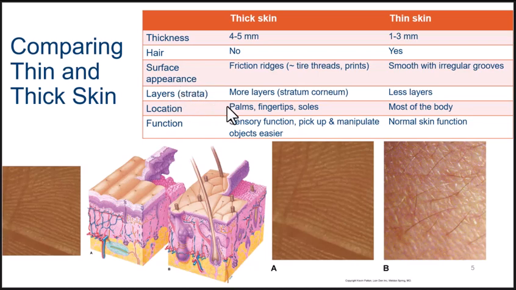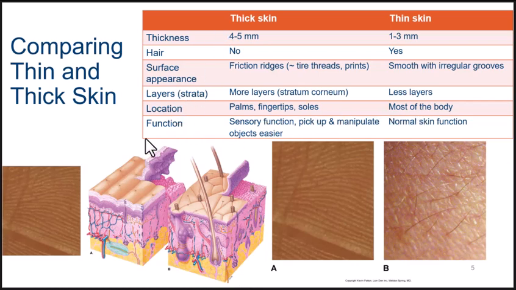The term strata refers to layers, and that will become relevant soon. Specifically, if we look at the top layer, you'll learn this soon, the stratum corneum is the top layer. That very top layer is thicker. There are more layers of cells than what we would see in thin skin.